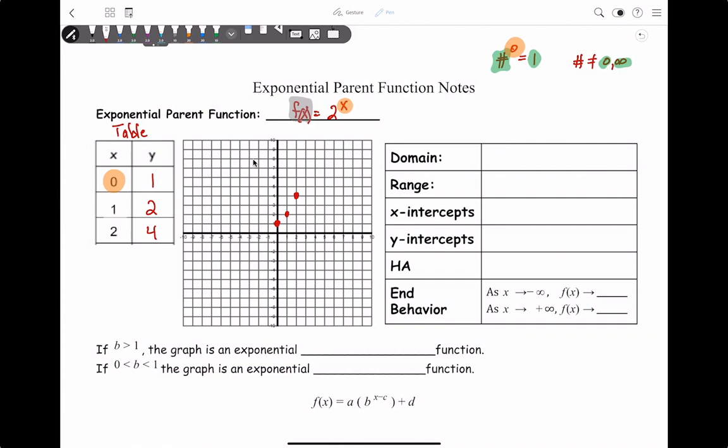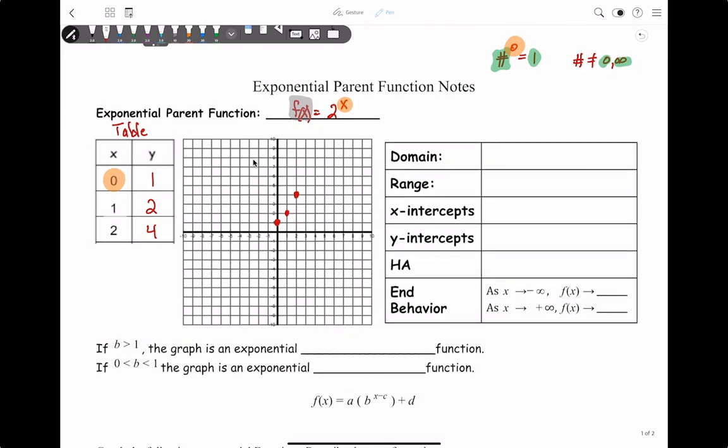And this is our parent function that we're building. As long as we are going positive, it will increase exponentially like this. In fact, it doubles each jump, and the biggest reason why is because the base is 2.